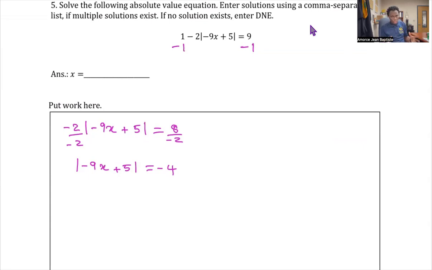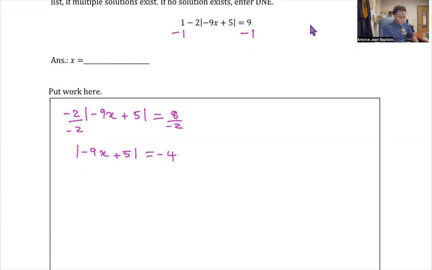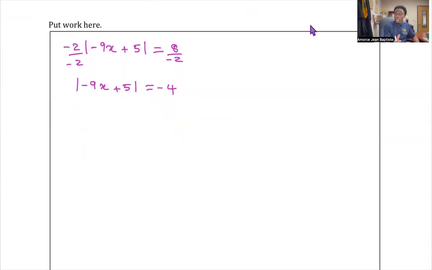Since we're not looking for answers only, we are looking to demonstrate steps and understanding. That's why we need to show the steps. So we know the steps. Step 1 is to isolate. It's already isolated now. The next step is to create the 2 cases.